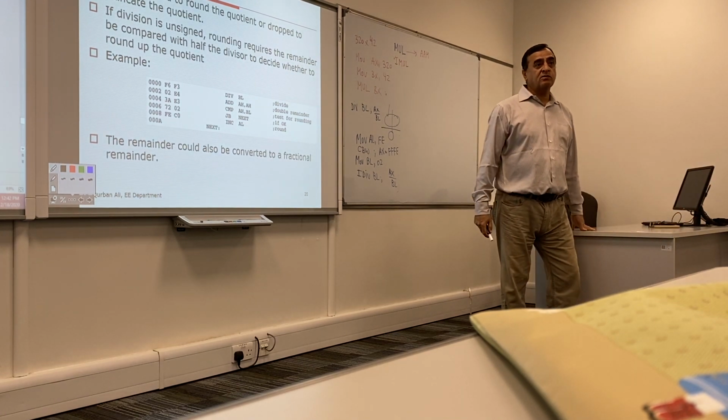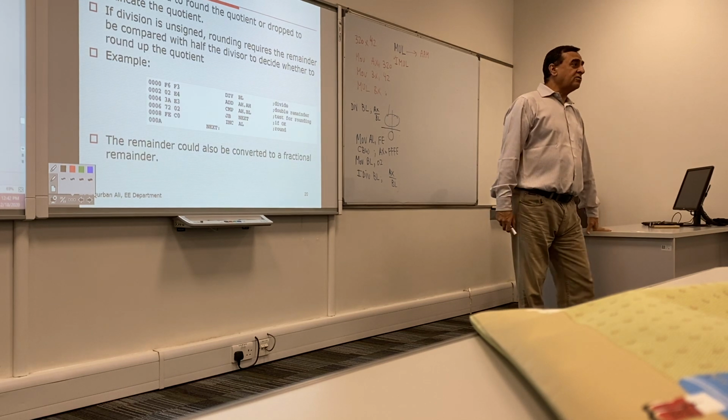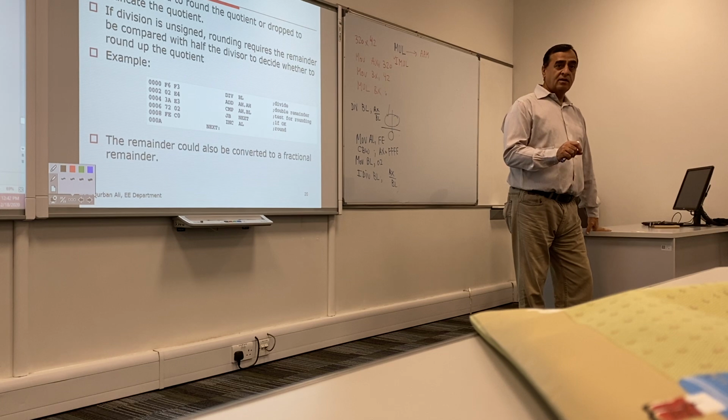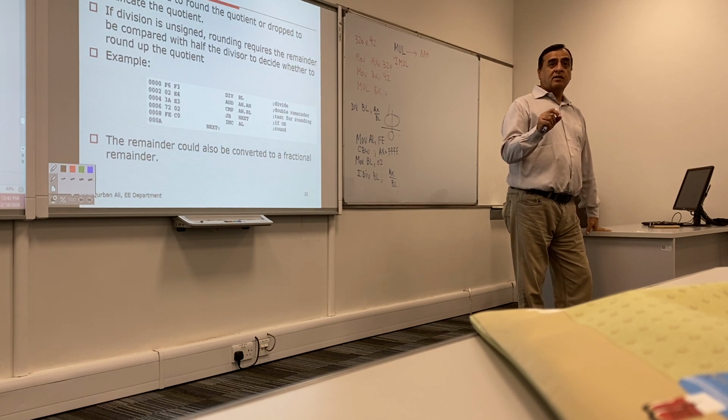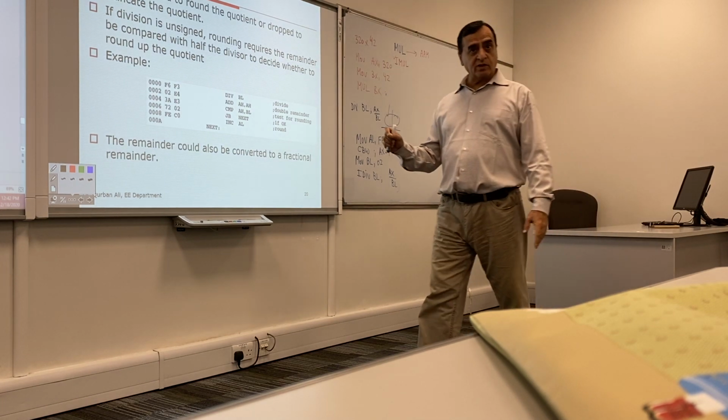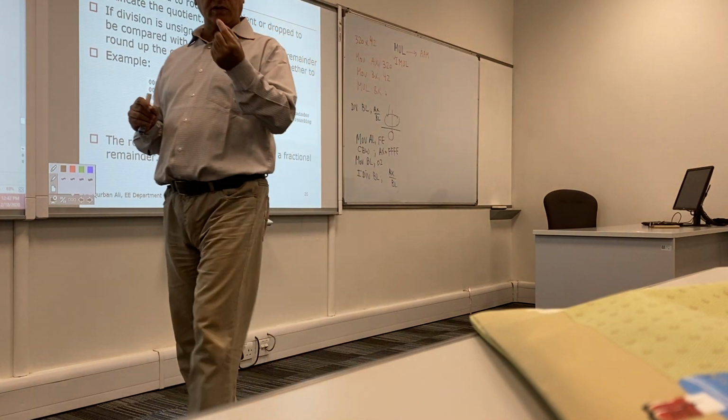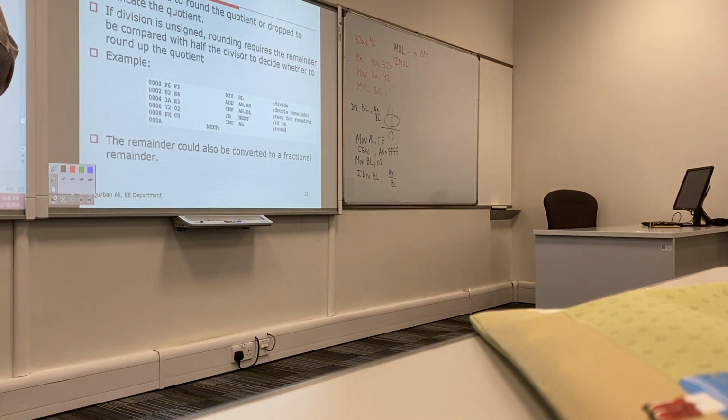So this means we want to compare with 0.5. If the fraction of the quotient after the decimal is greater than 0.5, we add 1 to the quotient, right? If it is less, we make it 0, right?